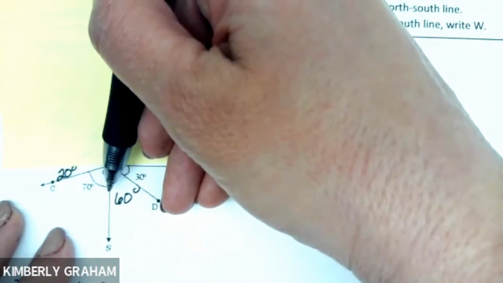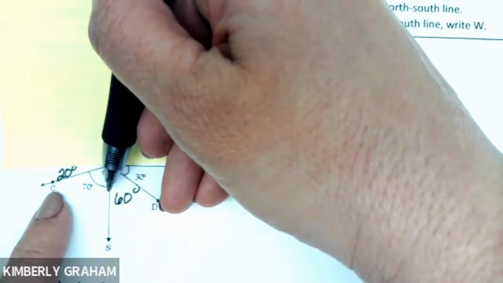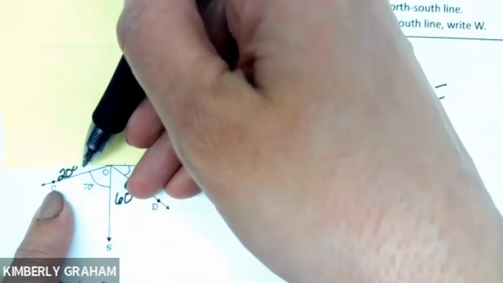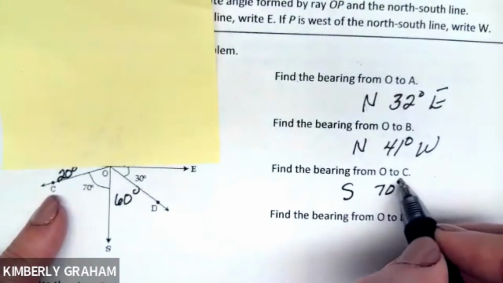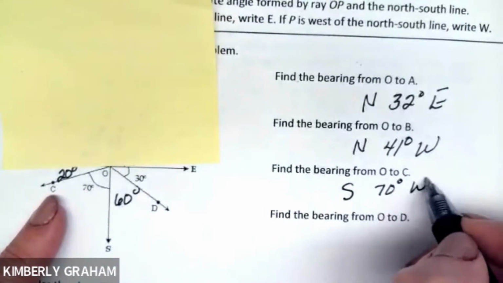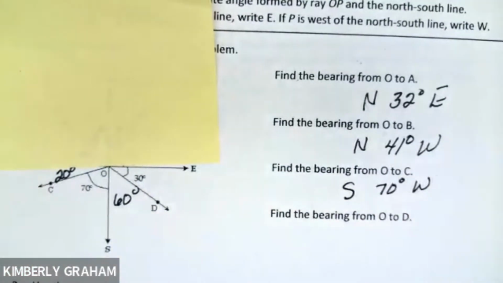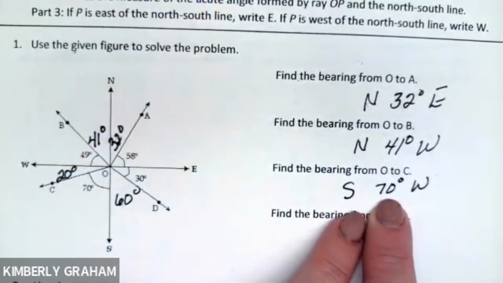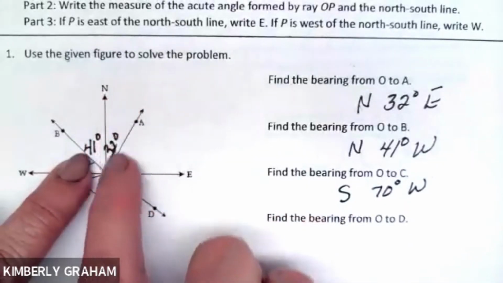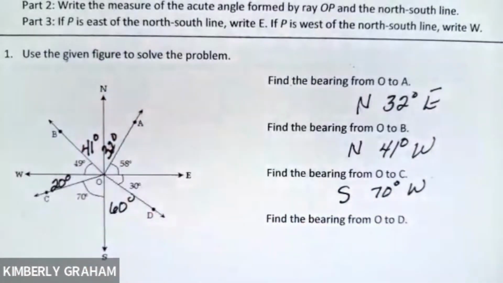And you want to turn 70 degrees toward the west. Remember that the angle that you're putting here is always going to be an angle that is made between your terminal side and your north-south line.